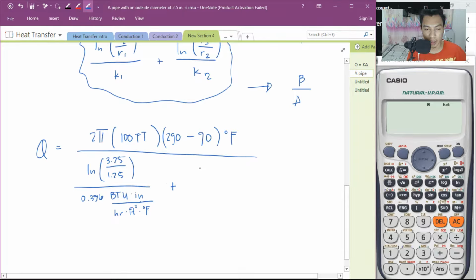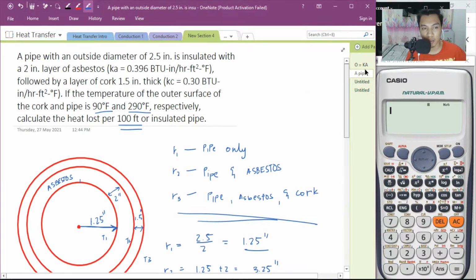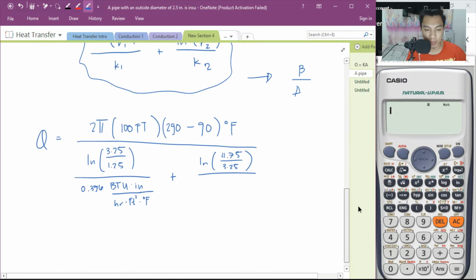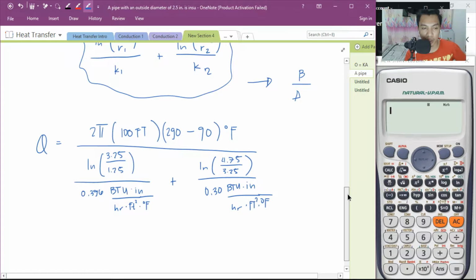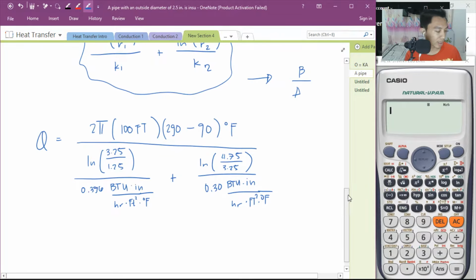Plus Ln ni R3, 4.75 divide by 3.25 over yung K ni cork. That is 0.30 BTU inch per hour feet squared degree Fahrenheit. So, dapat may makancel dito. Ang Q, ang lalabas dyan is in BTU per hour. Okay?